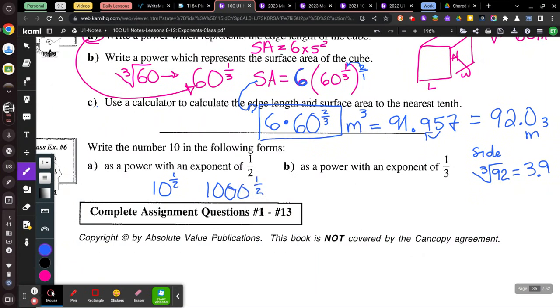I could go 100 to the 1/2. Put as many zeros as you want. And now it says put an exponent of 1/3. There we go. Could be anything. Could be 1,000. Could be 1,000,000. I just wanted you to write a power.